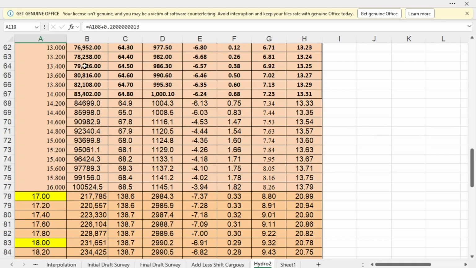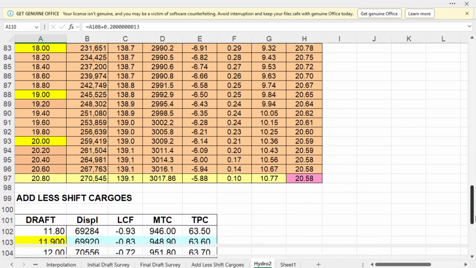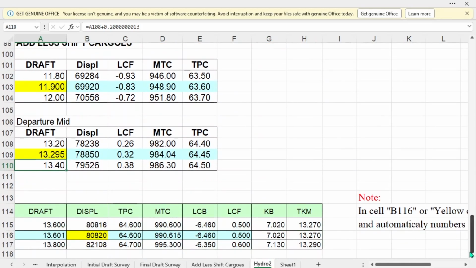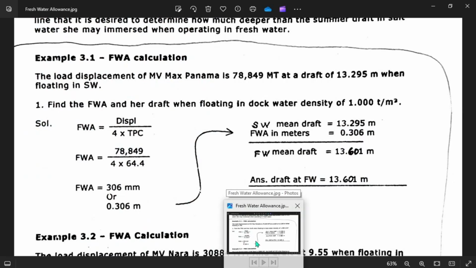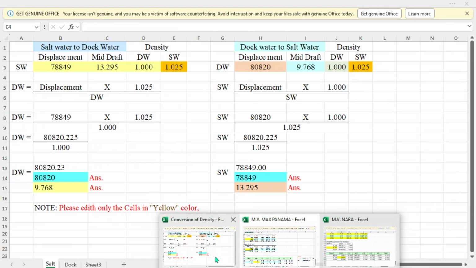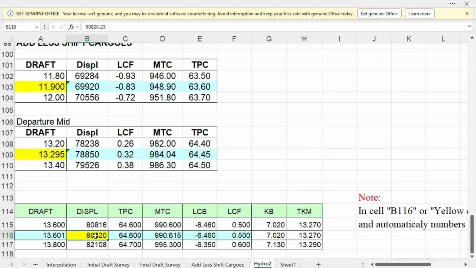So with interpolation, we go to the displacement. The displacement is 80820. So put here 80820 equals, the corresponding draft is 13.601.